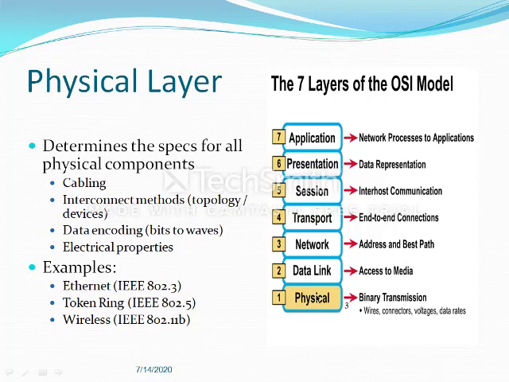The last one, physical layer. It determines the specifications for all physical components: cabling, interconnection methods, data encoding, electrical properties. These are the physical properties. The standards are Ethernet, token ring, wireless.